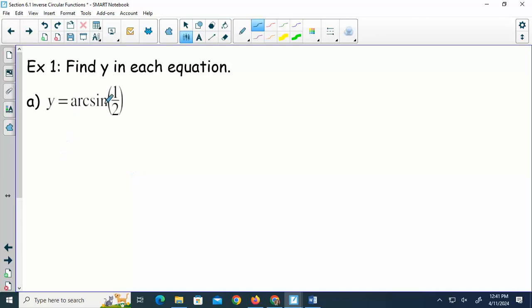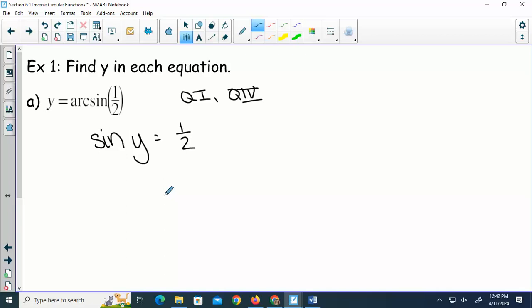When I see arc sine, that's sine inverse, I know I can either have an answer in quadrant 1 or quadrant 4. What this means, the only way to move the arc sine over, this is basically saying sine of what angle is equal to 1/2.